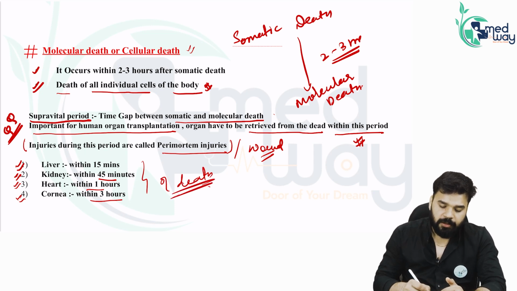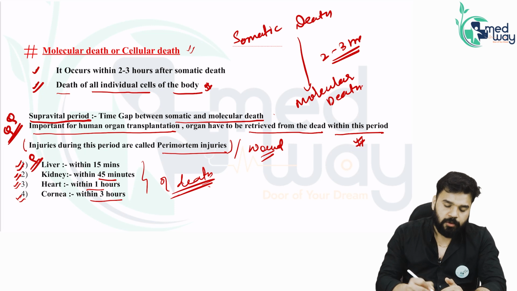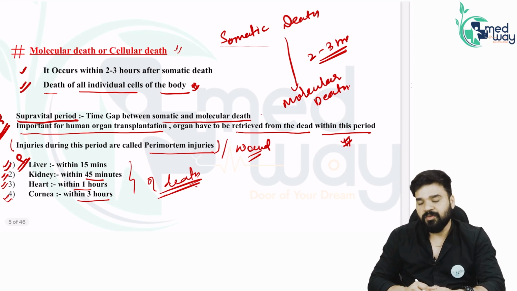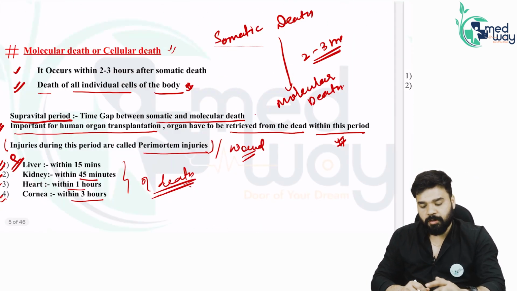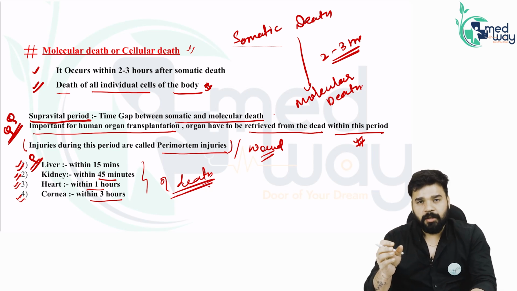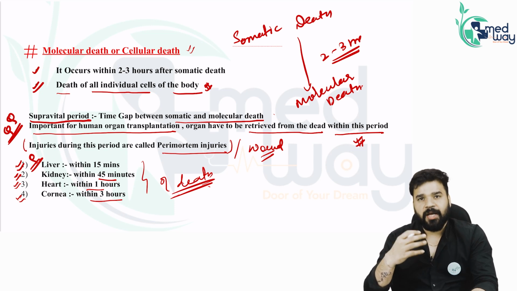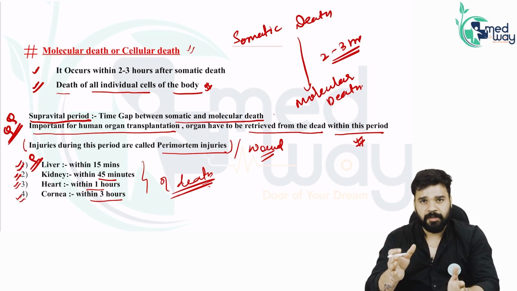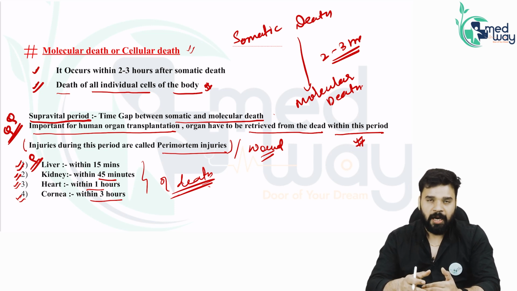And these are also important points which can be asked in question. So, in supravital period, you will take out organ for transplantation. Liver 15 minutes, kidney 45 minutes, heart 1 hour, and cornea 3 hours.